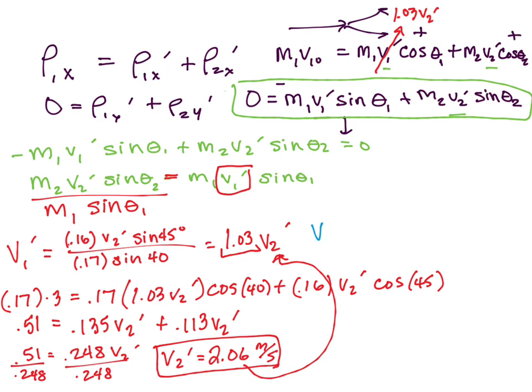And then we'll have V1 final is, anybody? 2.13, I think I got the first time, but I did some rounding differently.